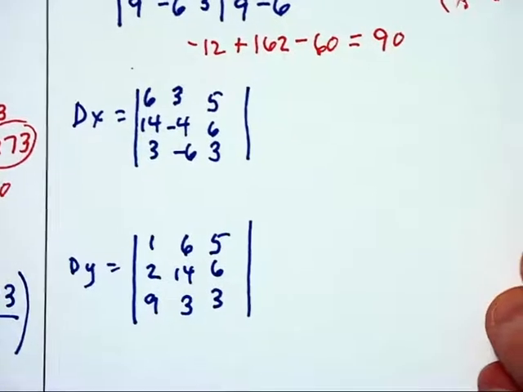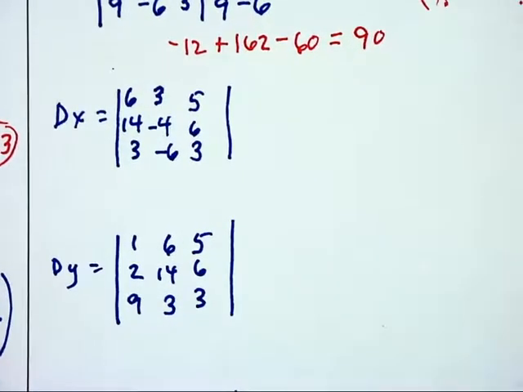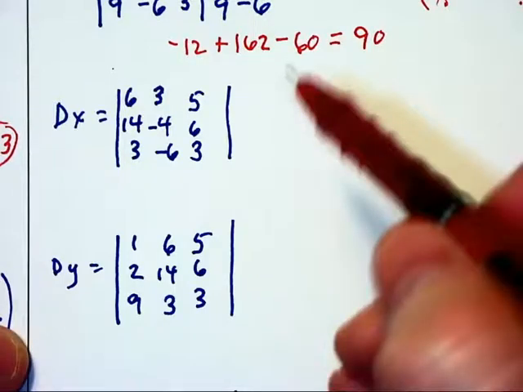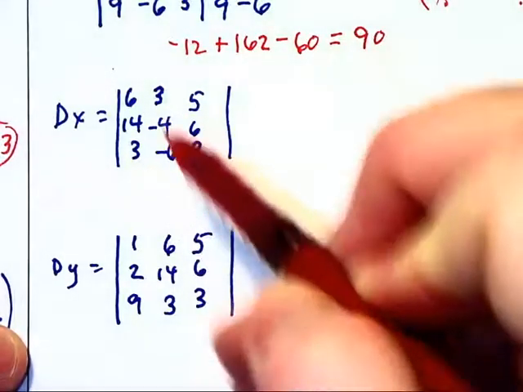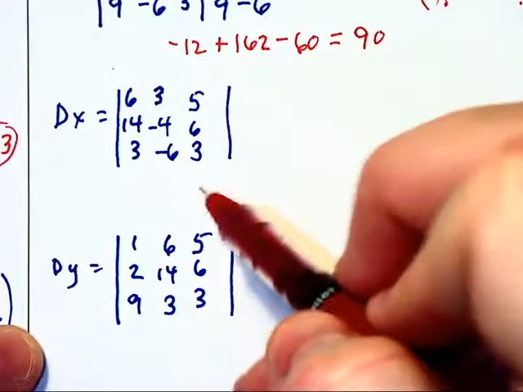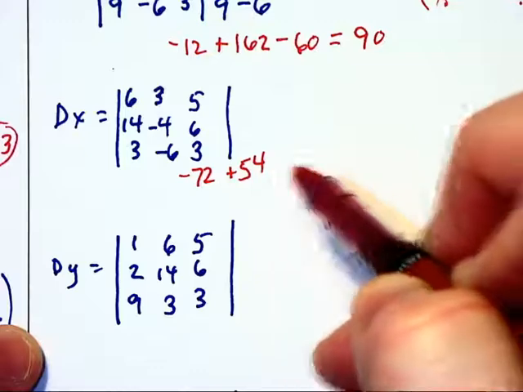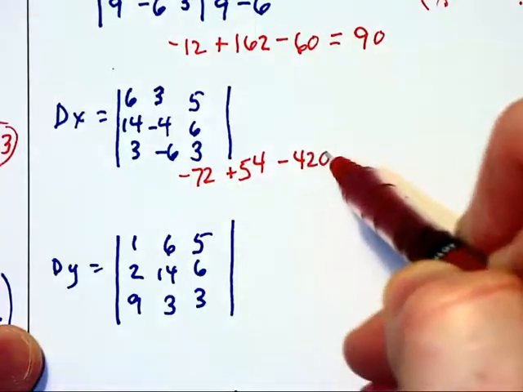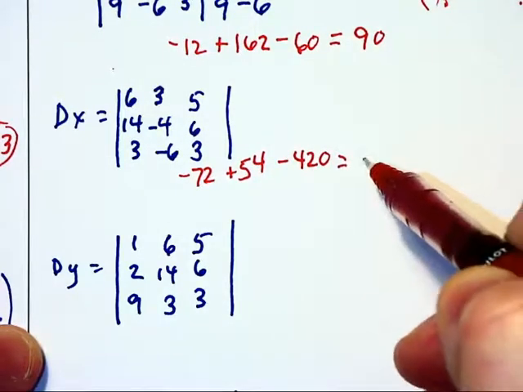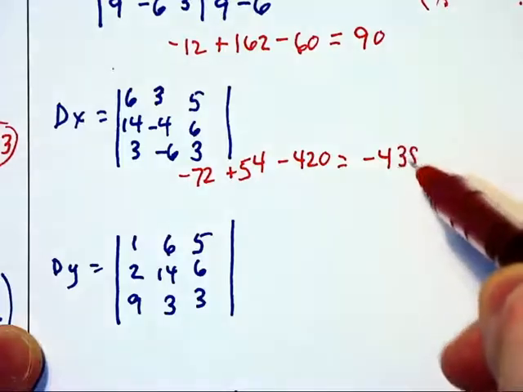Now, one of the nice things about doing these by video is you can check the numbers very quickly. I'm going to do these very fast. For dx, first diagonal downward, we get -72 followed by +54 followed by -420, and those add up to -438.